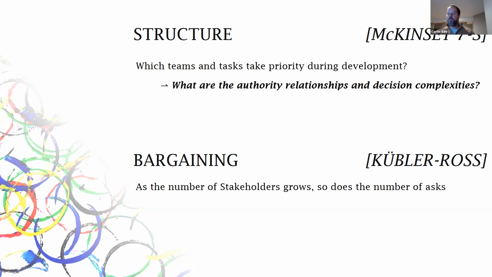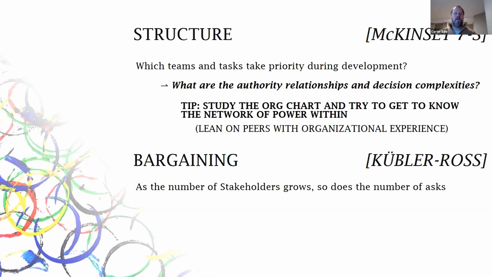If you're relatively new to a role or a job, you might need to lean on an organizational chart, or get to know the power network within the organization by asking peers or people who have been there longer, 10 years or more, who is asking for a lot of requests, but at the end of the day, there's another person within the power structure who may or may not be higher in organizational leadership who will end up making the final decisions.